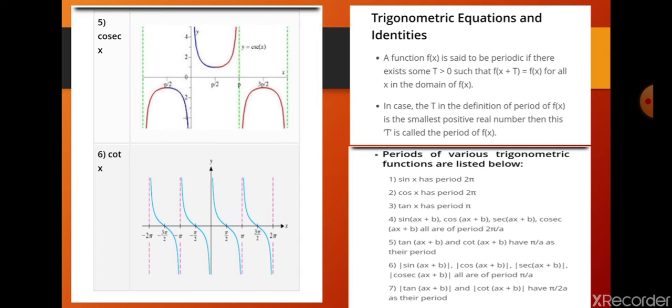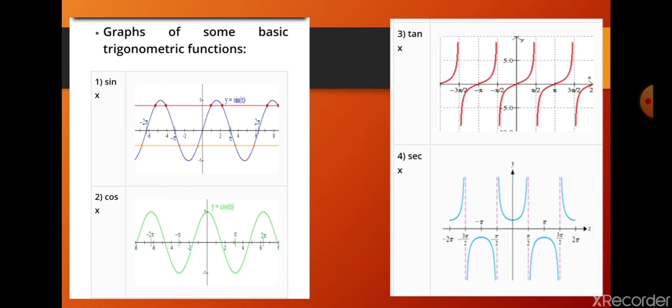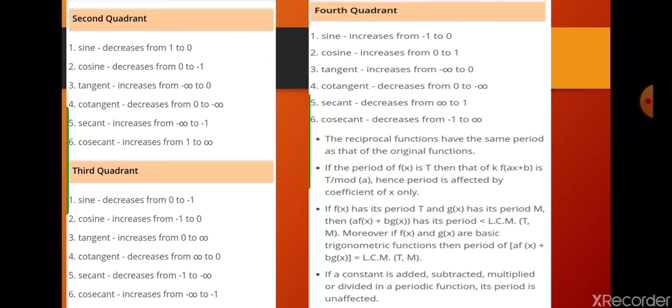First one, sin x has a period of 2 pi, cos x has a period of 2 pi. We all know that the sine function increases from 0 to 1 in the interval of 0 to pi by 2, and then decreases from 1 to 0, and then decreases in the third quadrant from 0 to minus 1, and then increases from minus 1 to 0 in the fourth quadrant.